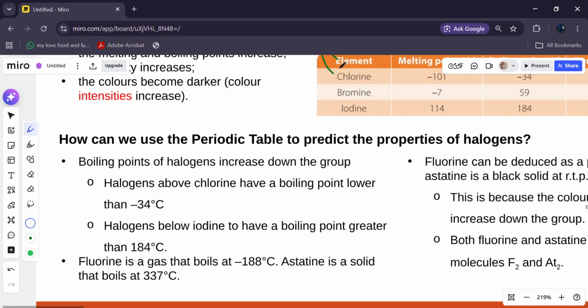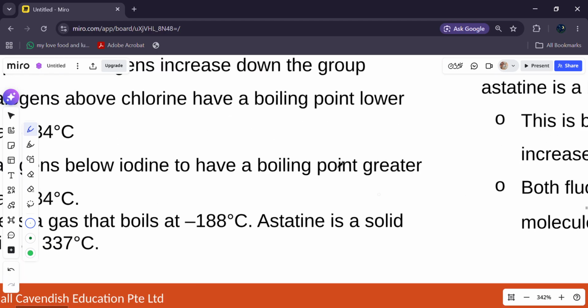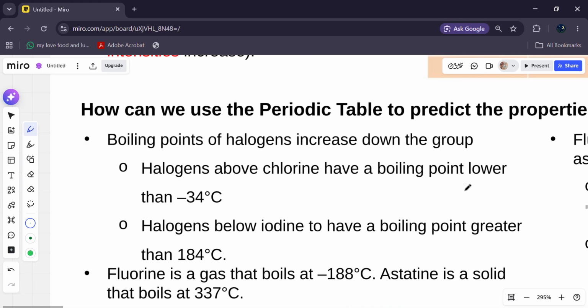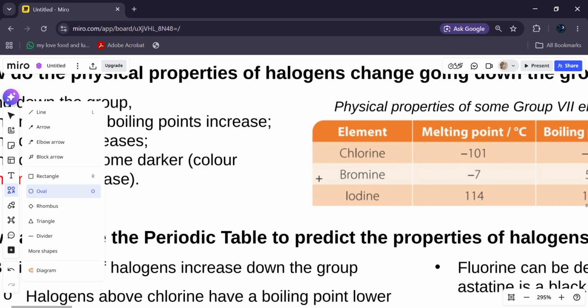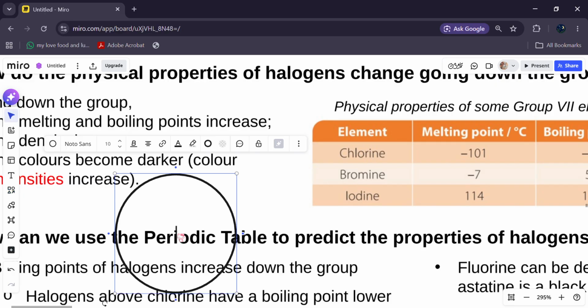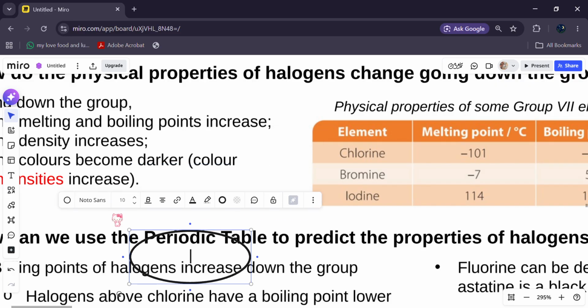Astatine is a solid that boils at 337 degrees Celsius. So as you go down the group the boiling and melting points increase, and we can predict what is next in the group.